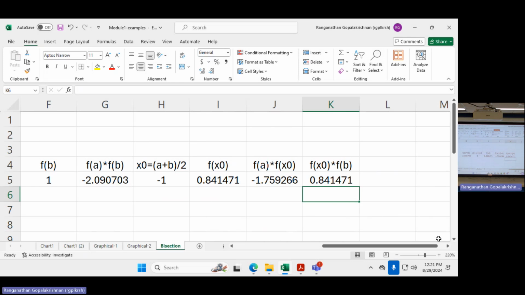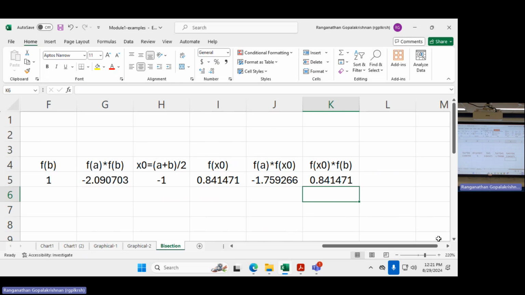Following so far? Yes. What is the next step in words? Tell me in words, what do we do next? If this is negative, what does that mean in words? That's the root. Of course, it has a root, but what action do you take based on that information?